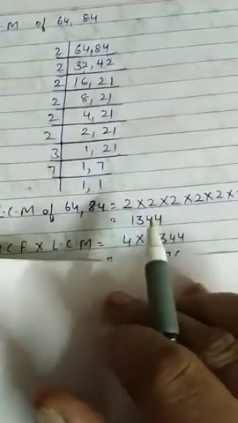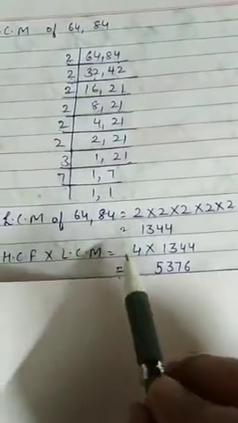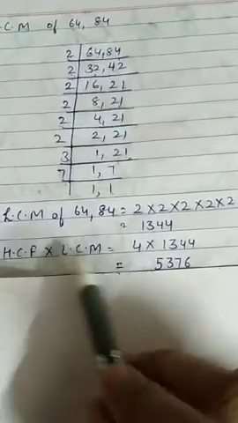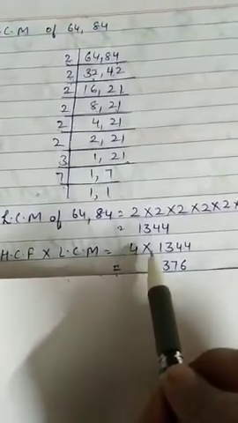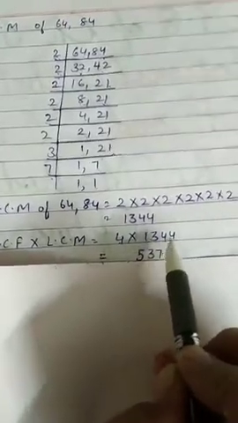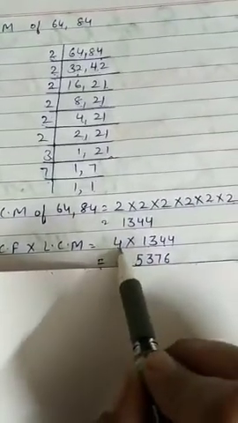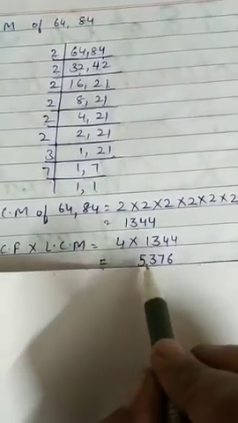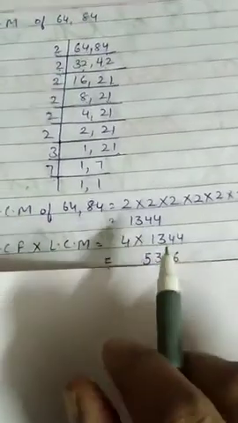Now HCF multiplied by LCM. The HCF of 64 and 84 is 4, that we found earlier, and the LCM is 1344. When 1344 is multiplied with 4, our answer is 5376.